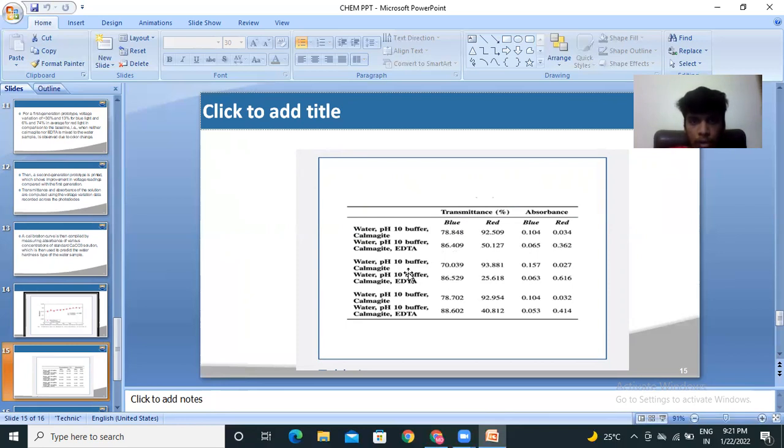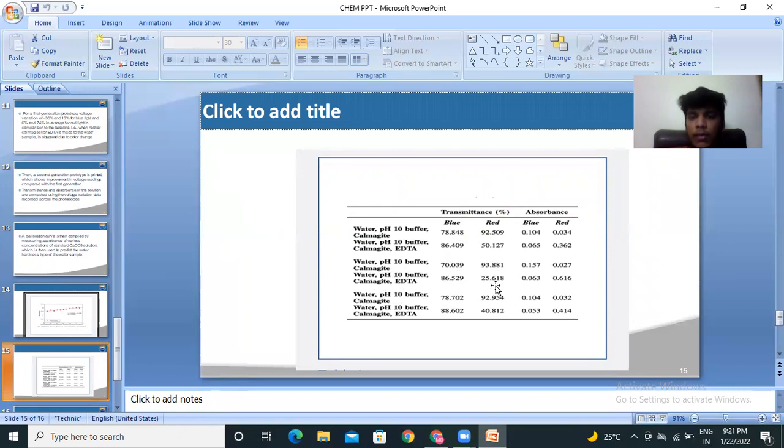In the next sample, the transmittance percentage in blue is 70.039 for calmagite and 86.529 with EDTA, and in red it is 93.881 for calmagite and 25.618 for EDTA.